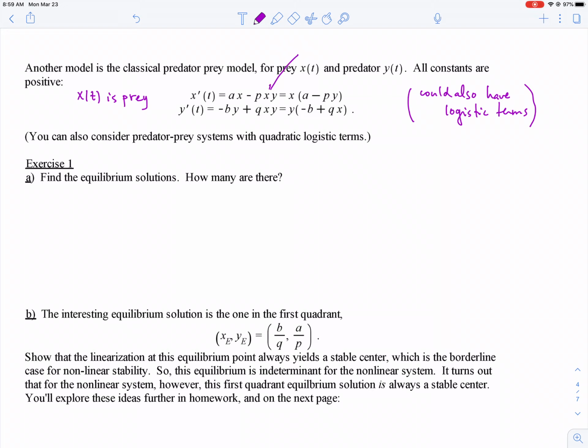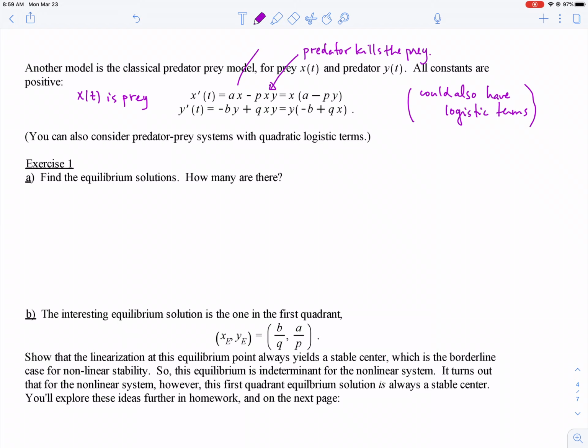So here, this minus pxy is because the predator kills the prey. And we'll assume that the predator pretty much kills all the prey it runs across, so that's why this term is proportional to x. And then also the number of prey that get eaten is going to be proportional to the number of predators that there are, and so that's why it's got the term y in there.